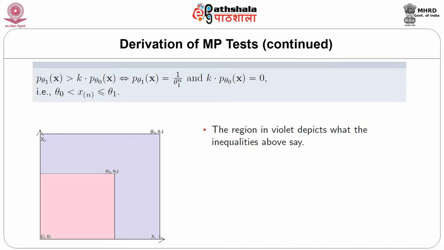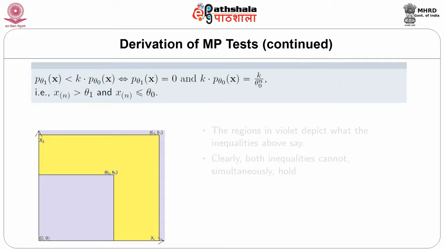So here, where p_theta1 is greater than k p_theta0, we definitely reject H0. Since X_(n) is greater than theta0, under the null hypothesis where theta is theta0, it is not possible that any of X1, X2, ..., Xn is greater than theta0.